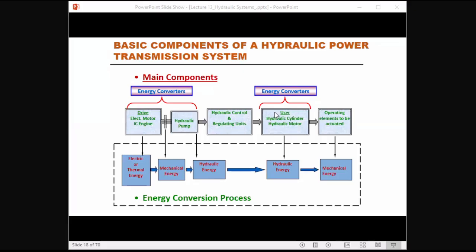Then in this unit, we can convert hydraulic energy into mechanical energy again. In this part, hydraulic energy is converted back into mechanical energy.